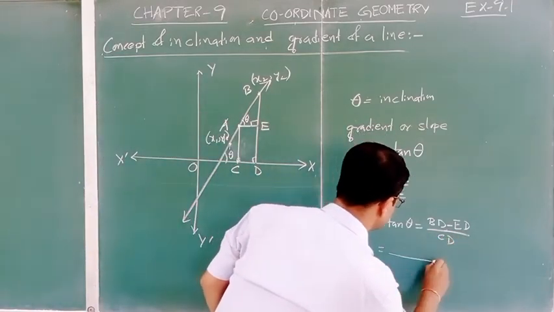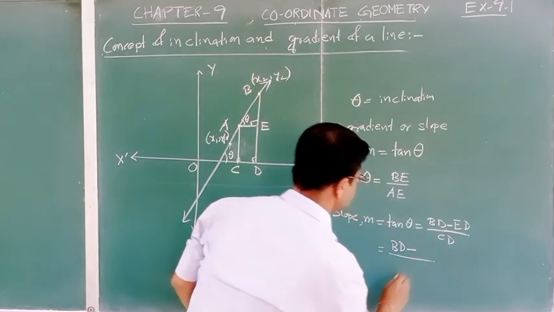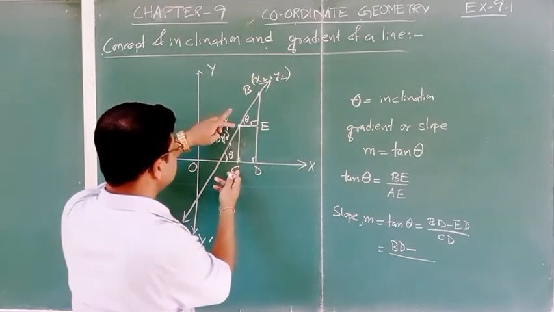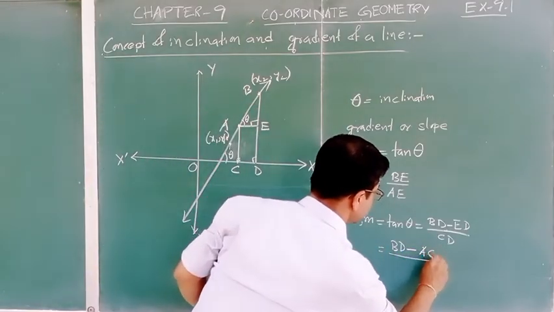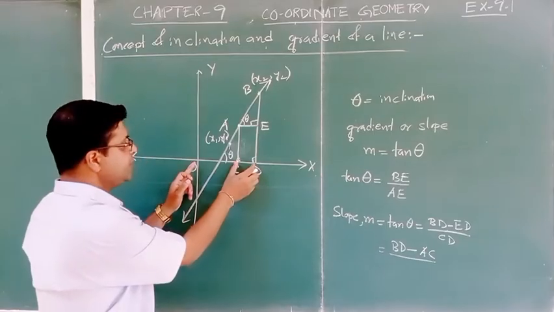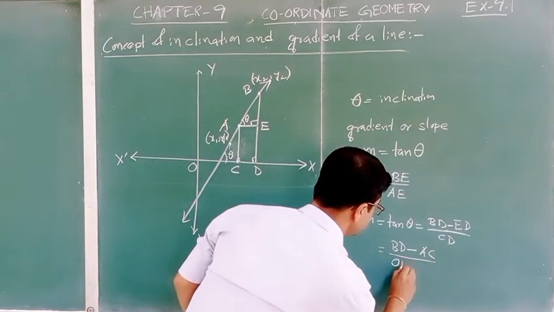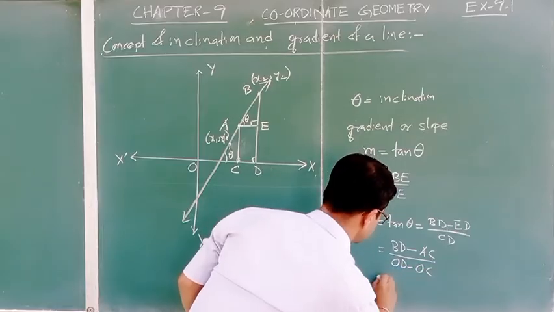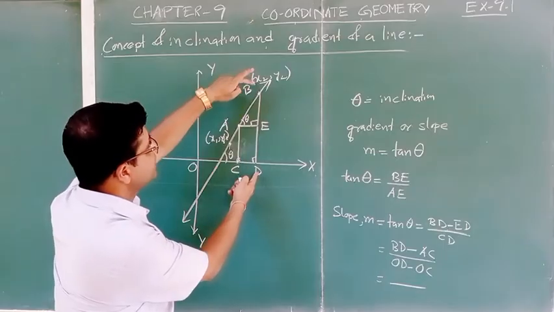So how are we finding it? BD is alright, let us write BD. ED is the same as AC. Now this distance CD can be written as OD minus OC. So now the last expression. BD is the y coordinate, that is y2.